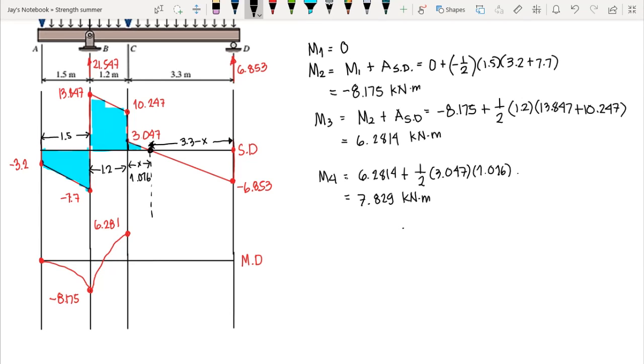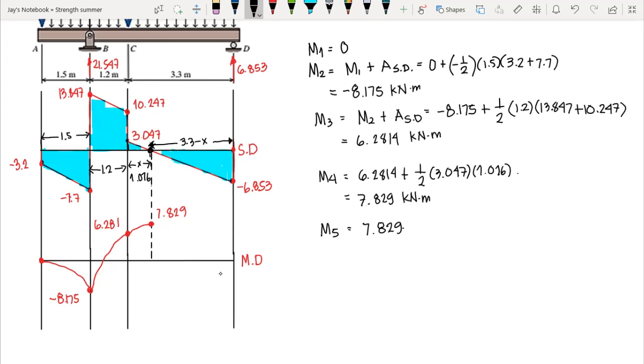So we have here at this point 7.829. Since again this is decreasing shear, we have a frowning moment curvature. And then we can compute the moment at point D by computing this area. This gives us moment 5 equal to moment 4, 7.829.